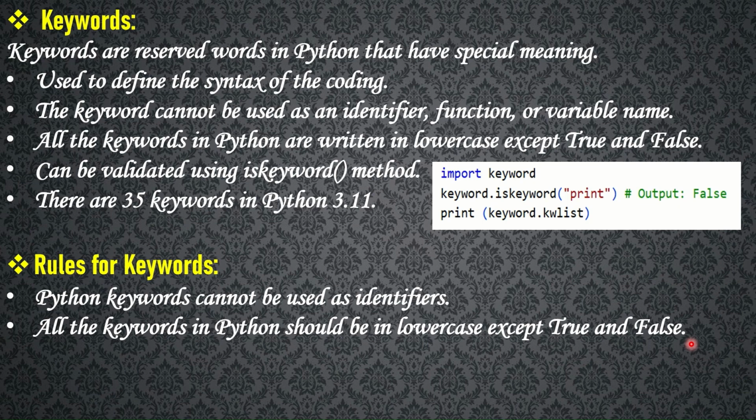If you give the keywords in uppercase, then that should not be treated as a keyword. Whatever and however it is defined in Python, we need to use those keywords as they are. If they are in lowercase, we need to use lowercase only. If they are in uppercase, we need to use uppercase only. So we need to follow the same structure while using the keywords.